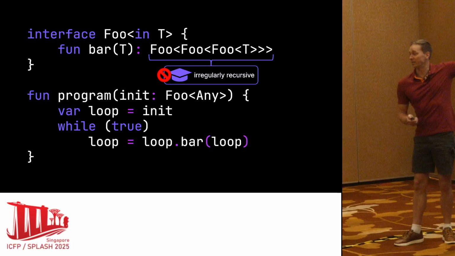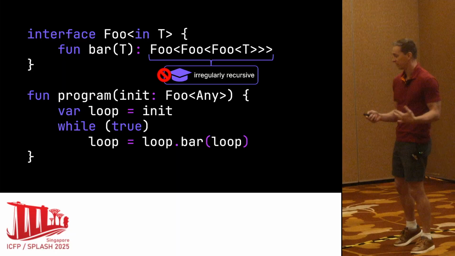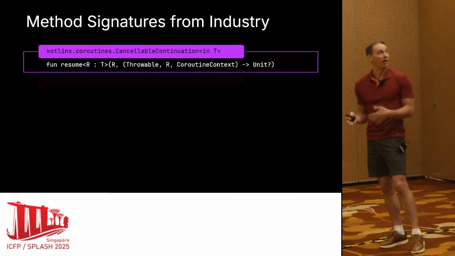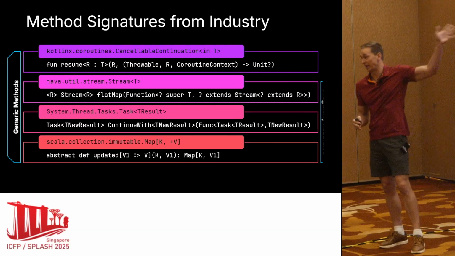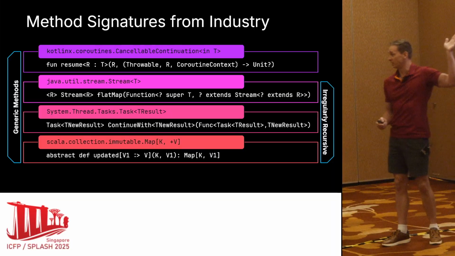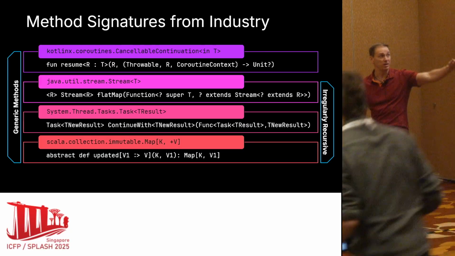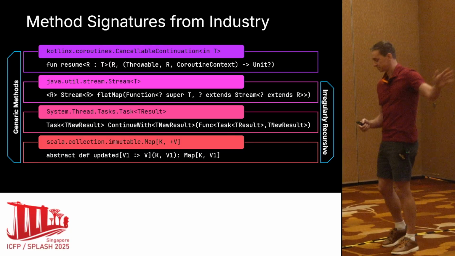Now, you might be looking at this interface and thinking, this doesn't look very realistic. Maybe this isn't a problem in practice. But let's take a look at some examples of method signatures taken from standard libraries across industry languages. Here are examples from Kotlin, Java, C#, and Scala. All these examples are generic, and many are furthermore irregularly recursive.